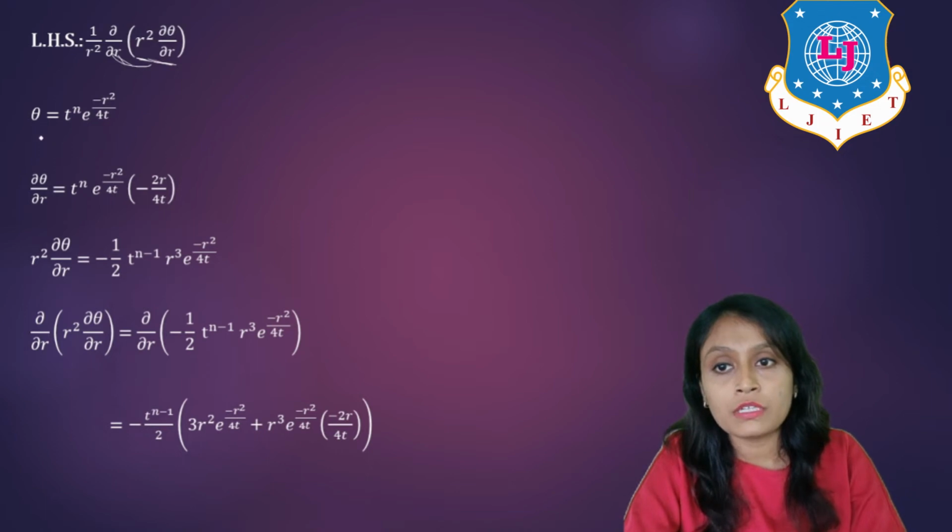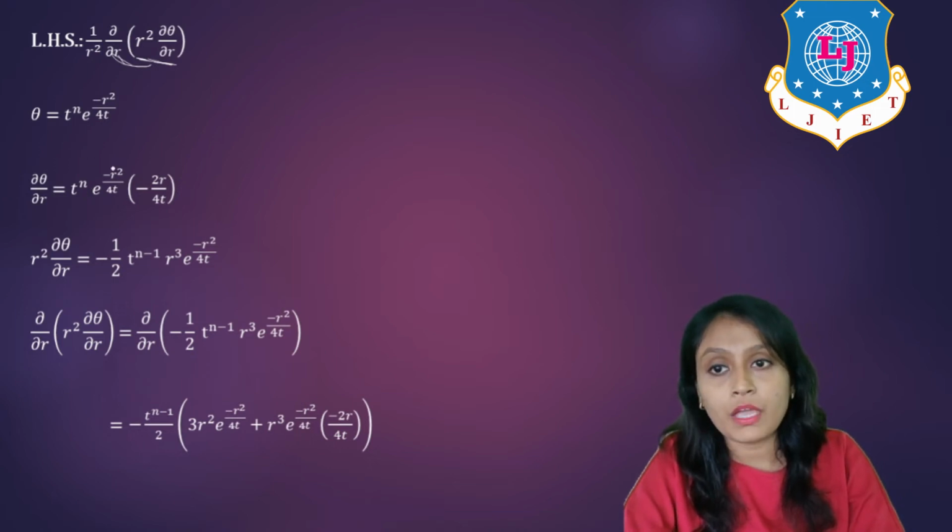Take derivative of theta with respect to r, keeping t as a constant. So this t raised to n will remain as it is. Now here e raised to minus r square upon 4t, we have to take derivative with respect to r. So 4t is constant, so 4t as it is, and the derivative of r square is 2r.